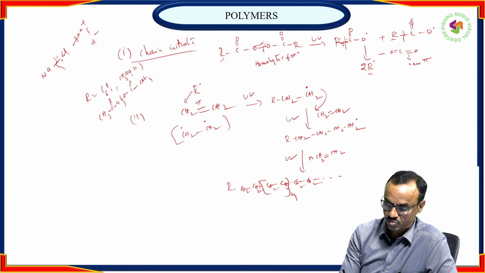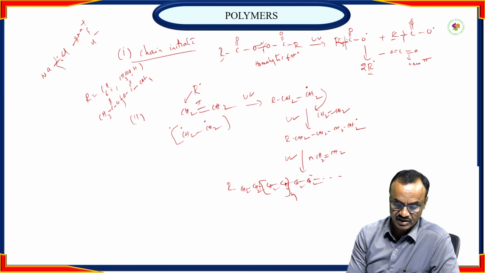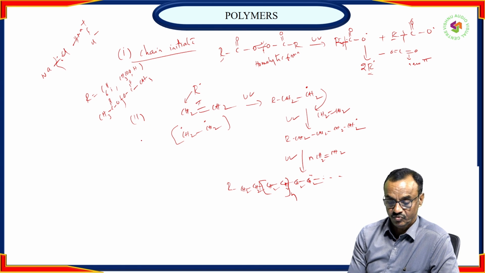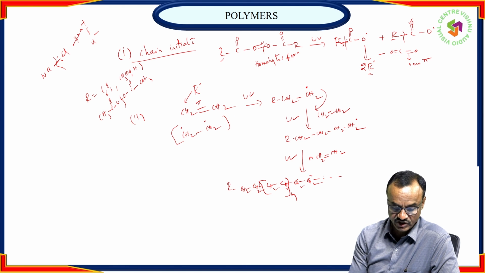Pairing takes place, a new bond. So one electron is left free on this, like this. So n number increases like this. So chain length increases. In the second step, one free radical attacks a monomer, so chain length increases. It is called chain propagation.